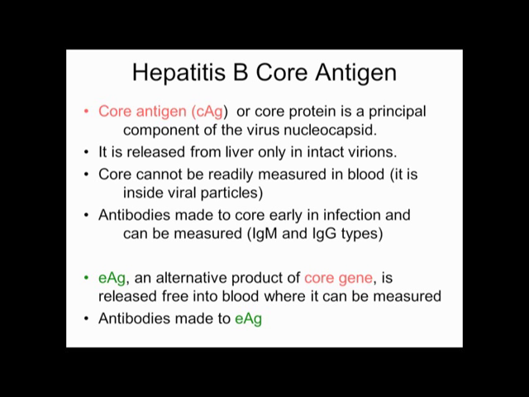Okay, now the next protein that we have to talk about is core antigen. This is the core protein. It interacts with the DNA. It can't be measured in blood because it's buried inside the virus and there's no excess. But this is the one where you can get a nice IgM or IgG antibody.